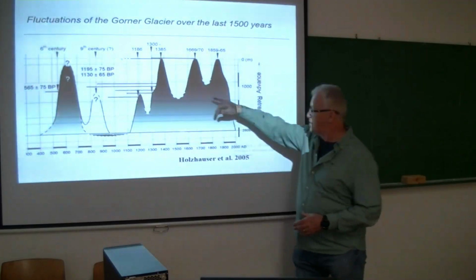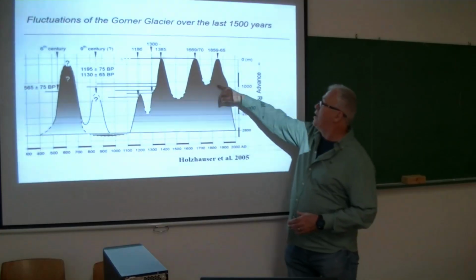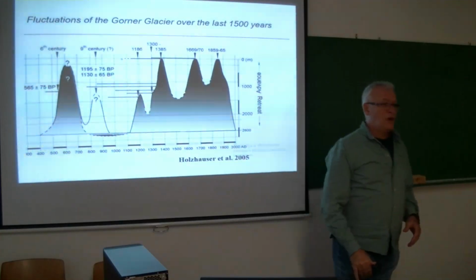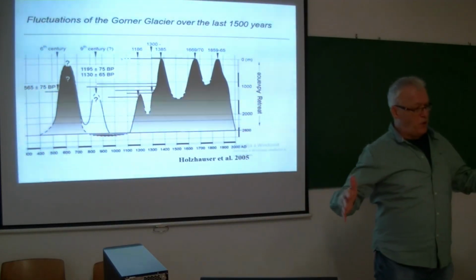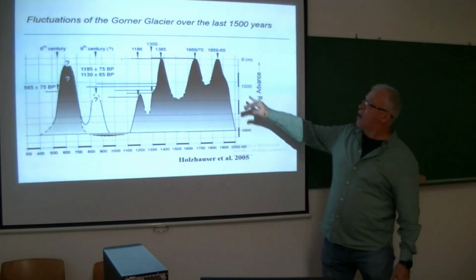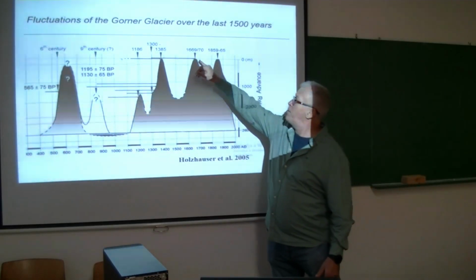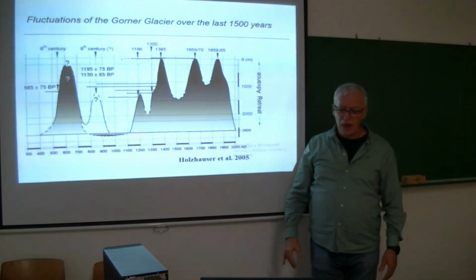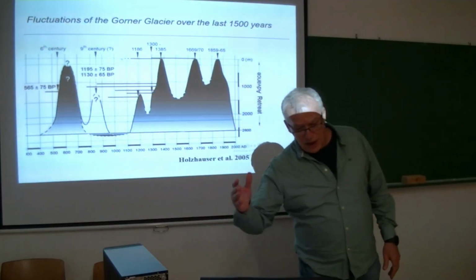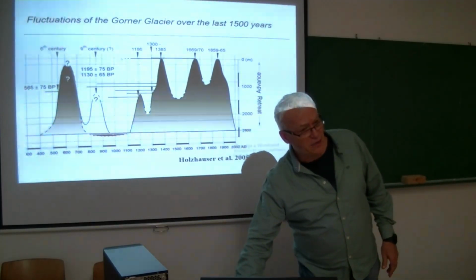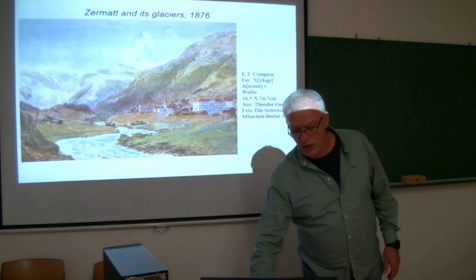For example, this is what is named the Little Ice Age period, the last closed climate period of human history. But at that time there were colder and warmer periods similarly. Therefore, the glacier is a very sensible indicator of climate changes.